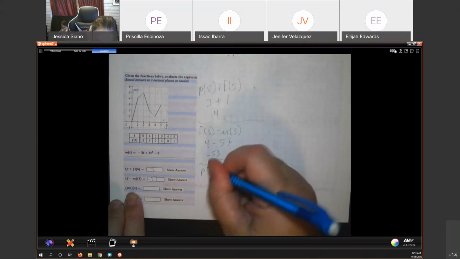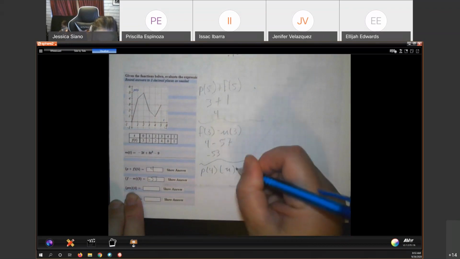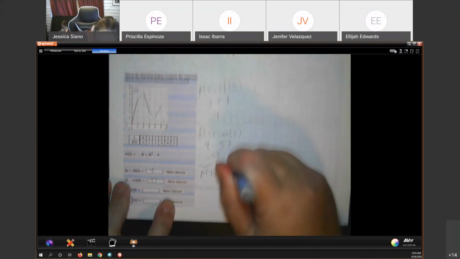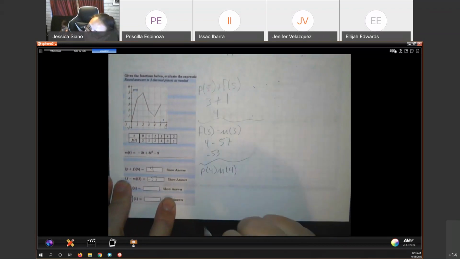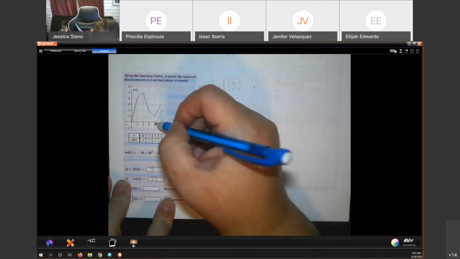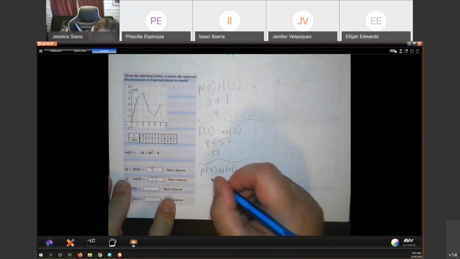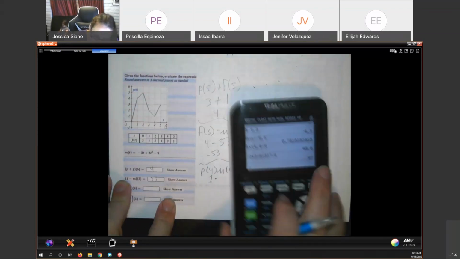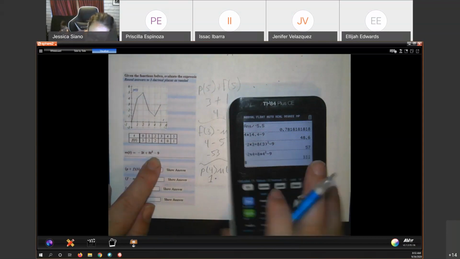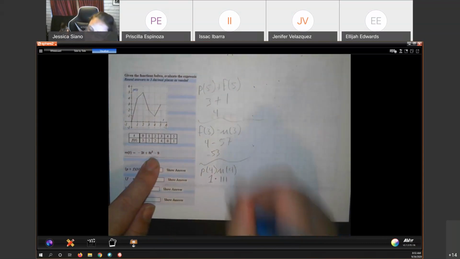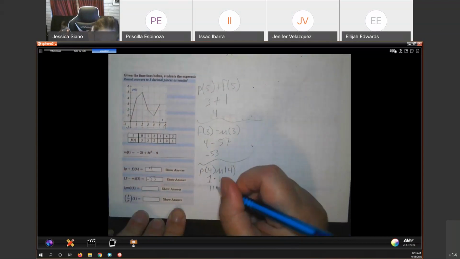P of 4 times M of 4. So P of 4 is 1. And then M of 4 is negative 2 times 4 plus 8 times 4 squared minus 9, 111. 1 times 111 is 111.